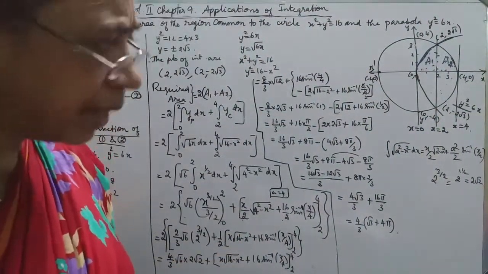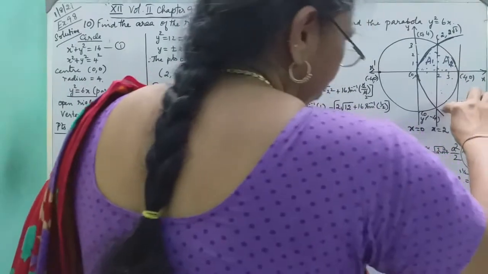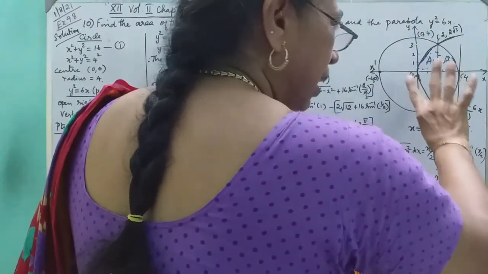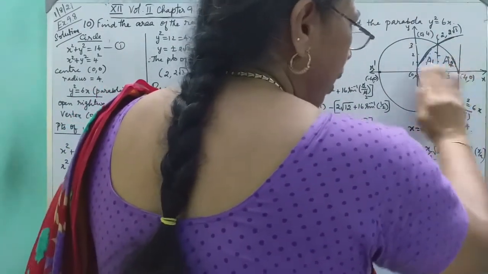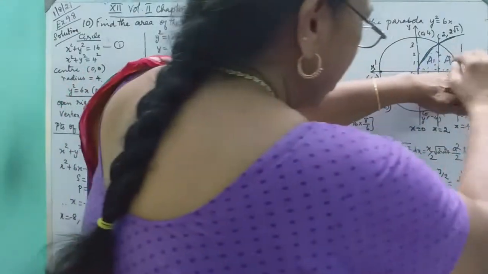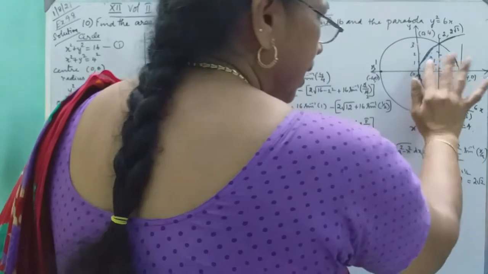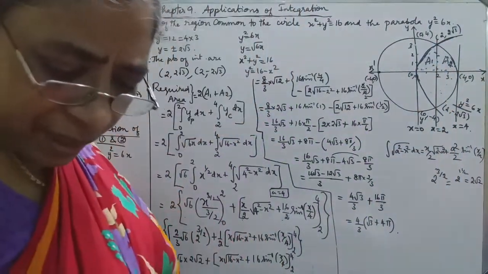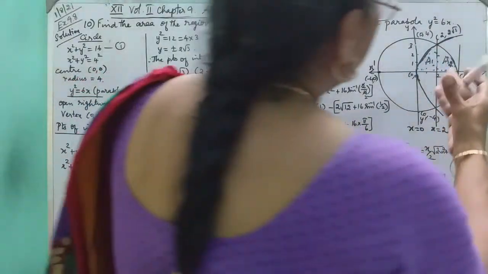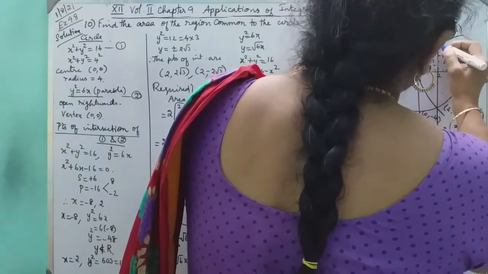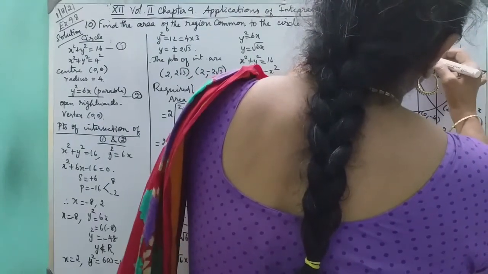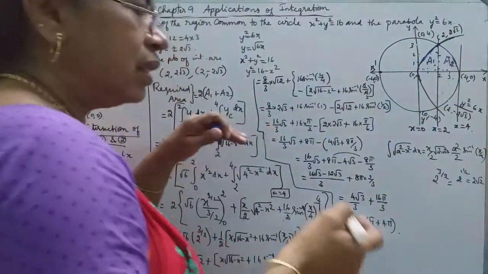So let us join the points of intersection. So this is actually dividing the top area into 2 parts. So one portion is A1, that is in contact with the parabola. The another one is in contact with the circle. Okay.